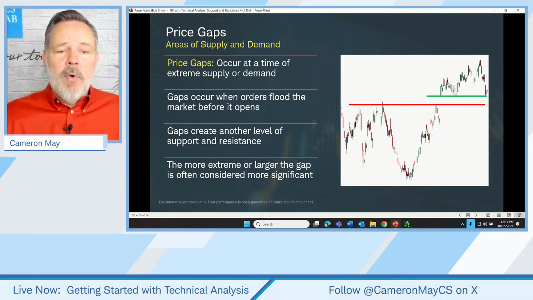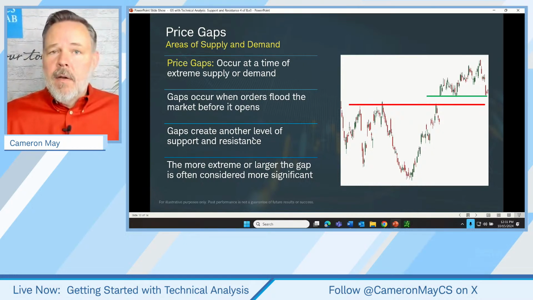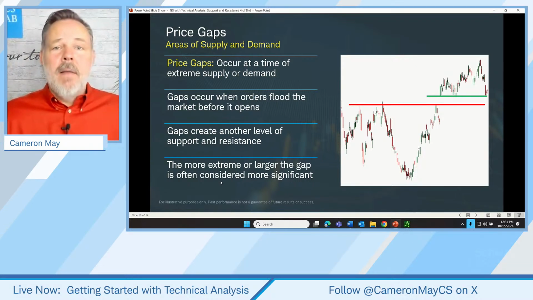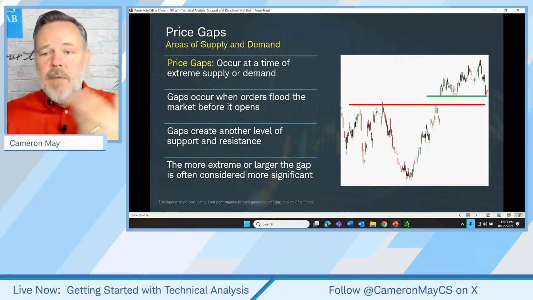But gaps occur when orders flood the market before it opens, and gaps can create another level of support or resistance. And generally speaking, the more extreme, or in other words, the larger the gap, it's often considered a more significant area of support or resistance.